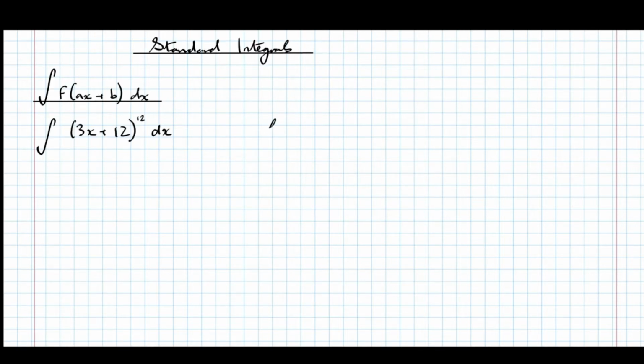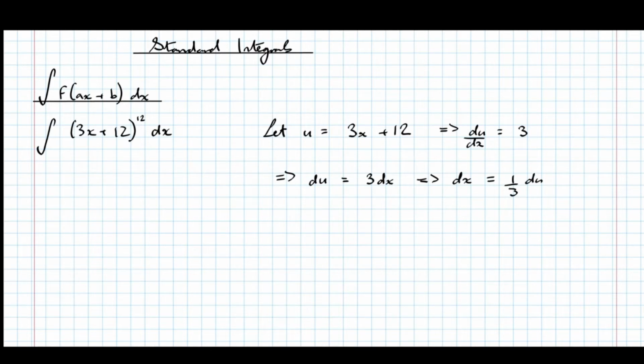So what I'm going to do is let u equal the bit in the bracket, 3x plus 12, which means that du by dx is equal to just 3. Rearranging that a bit, that implies that du equals 3 dx, which means that dx is a third du.